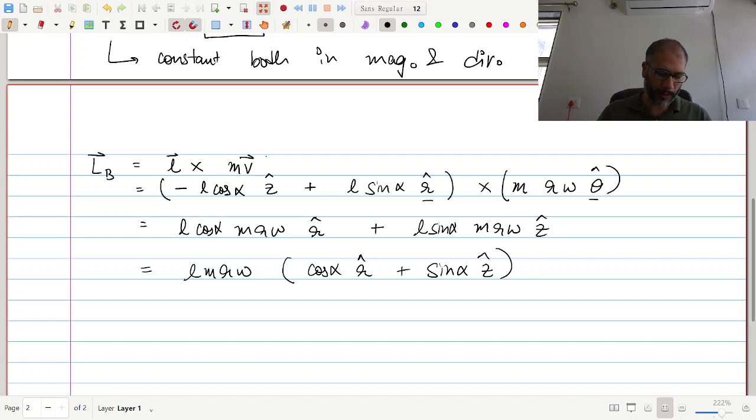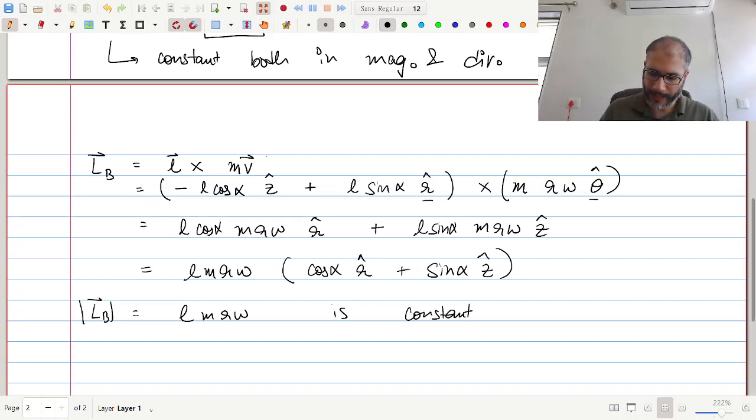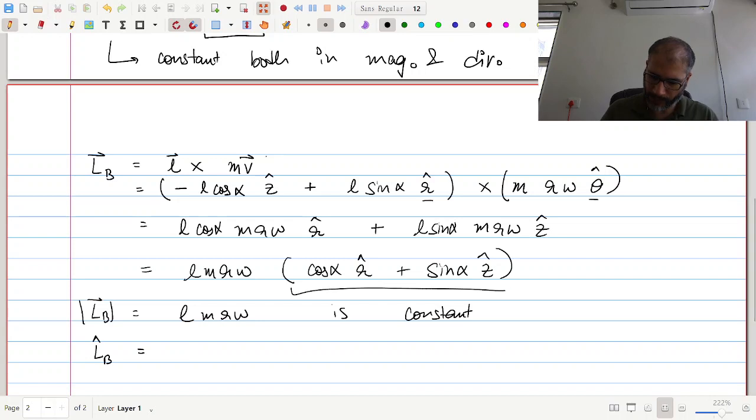So this is angular momentum about point B. We can see that the magnitude of this is simply L m r omega, which is constant, but the direction of LB is not constant. The direction is simply a unit vector in the direction of L vector.